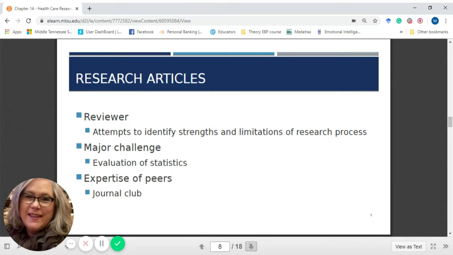Our major challenge, I feel, for nursing is evaluation of the statistics, because we don't really understand what the statistics are telling us, because we're not statisticians, which makes sense. But we need to ask, does this seem to be appropriate? And we can always ask someone who knows a lot about statistics. If you work in a facility that is heavy into research, some are, some aren't, you will probably do some things with data collection and working on studies and research with your peers.